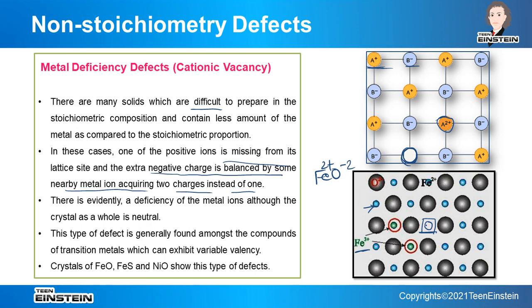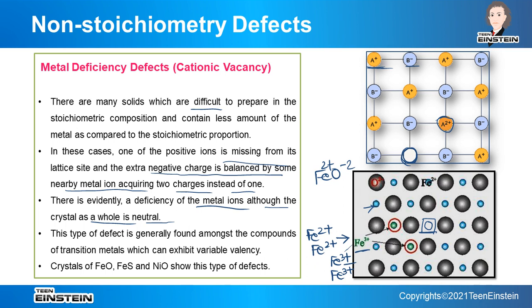So to balance this 2 negative extra charge, 2 Fe2+ ions should be converted to 2 Fe3+ ions, so that the overall charge remains the same. There is evidently a deficiency of the metal ions, although the crystal as a whole is neutral. So it must be because other cations are converted to Fe3+. So that is why overall neutrality will be maintained.